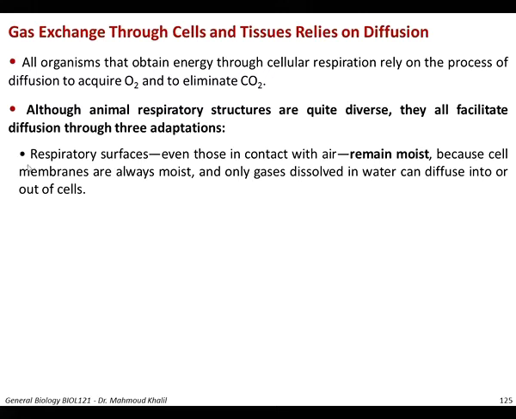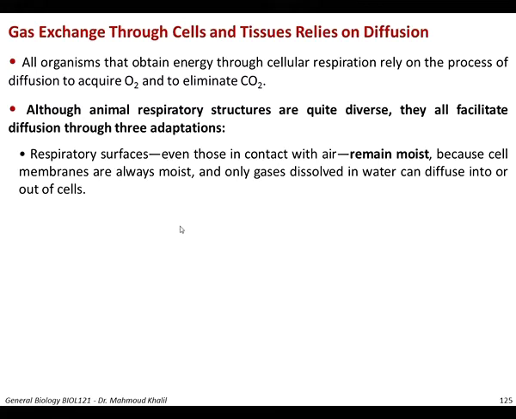The first adaptation is in the respiratory surface. It needs to remain moist. Why? Because cell membranes are only permeable to gas dissolved in water, so the gas needs to dissolve first in water to be easily diffused through the membrane, through the respiratory surface.